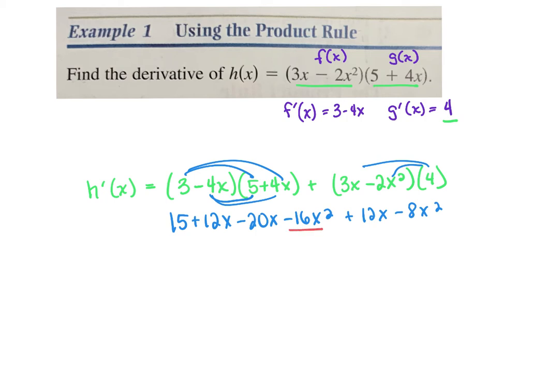So we're going to do this guy and this guy. And then we have positive 12, negative 20, positive 12. So that's going to give us a 4x. And then we have 15. And so the derivative of this is going to be negative 24x squared plus 4x plus 15.